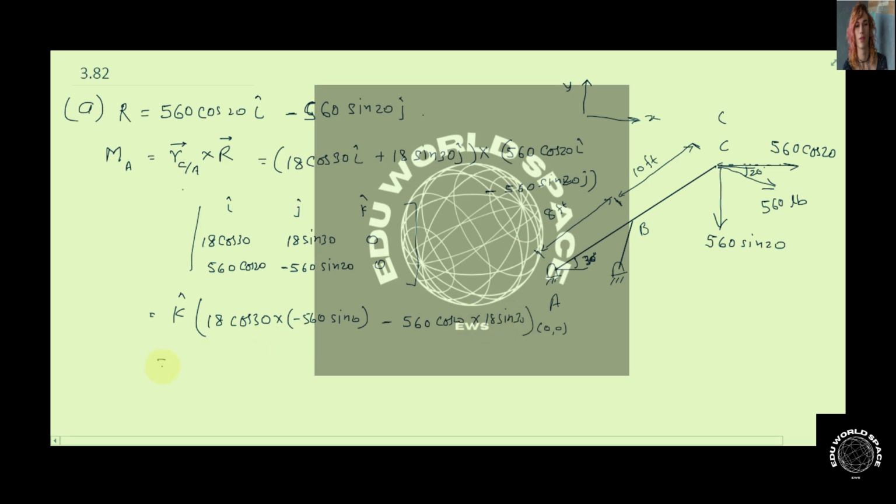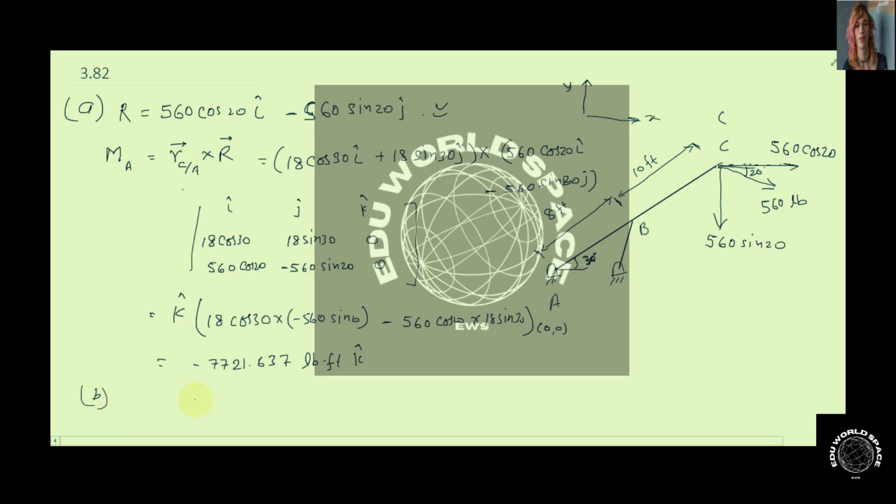If we solve these values, this comes out to be minus 7721.637 foot-pound k cap. So this is the equivalent moment that will act at point A, and this will be the equivalent force that will act at point A.